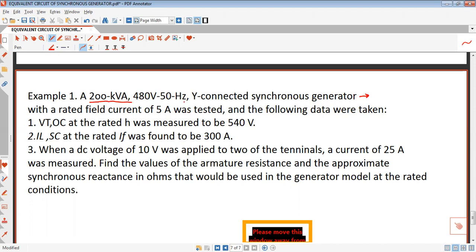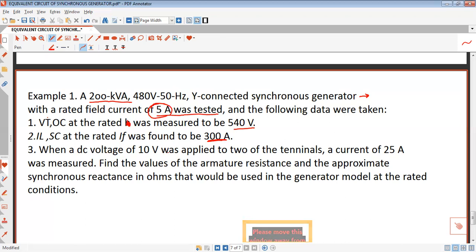Given a 200 kilovolt ampere, 480 volt, 50 hertz, star connected synchronous generator with a rated field current of 5 ampere, it was tested and the following data were taken. The open circuit terminal voltage at rated field current was measured to be 540 volt. The short circuit line current at rated field current was found to be 300 ampere.